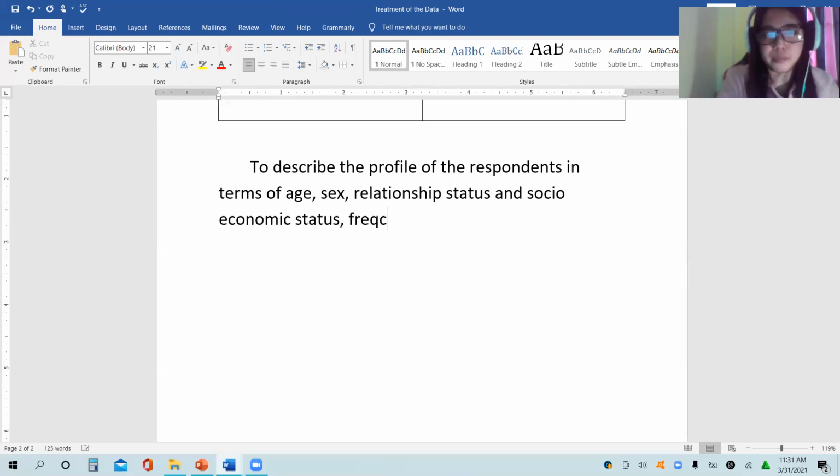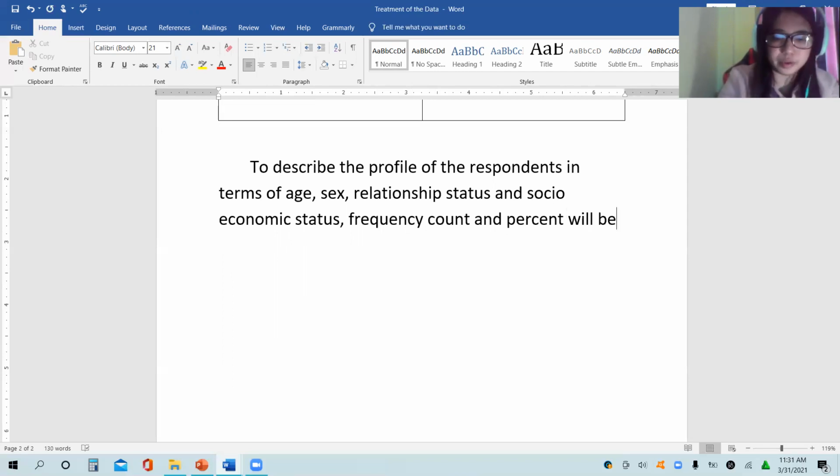Frequency count and percent distribution will be used. If we are reporting the highest frequency in tabular form, you are actually describing the mode.